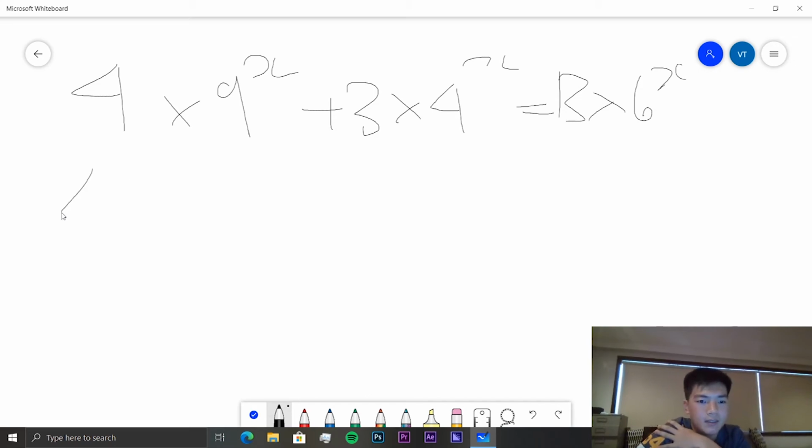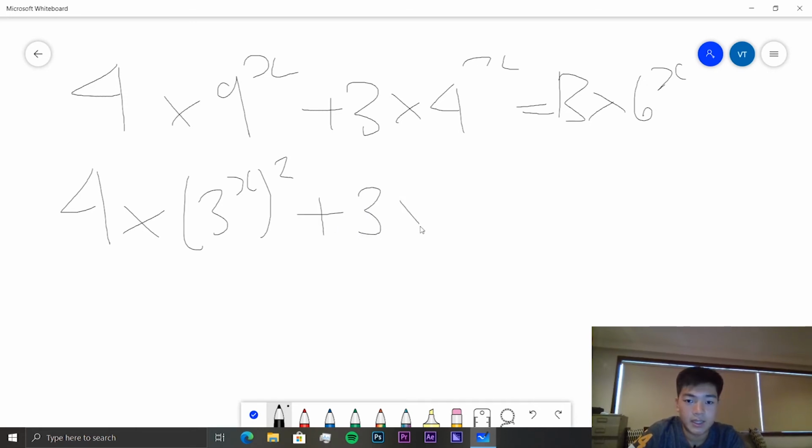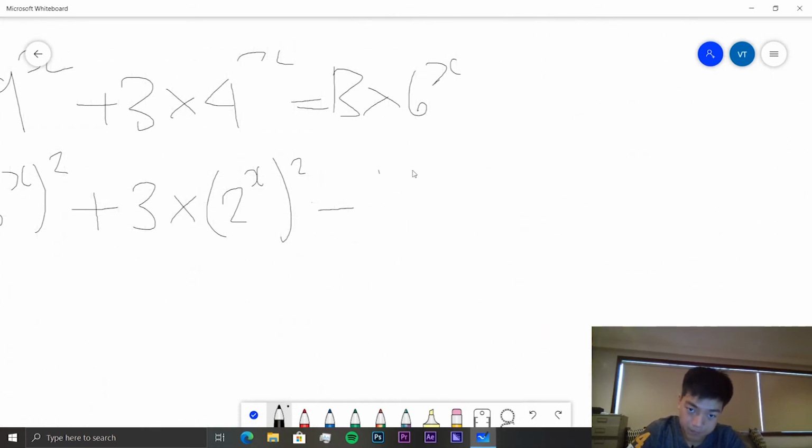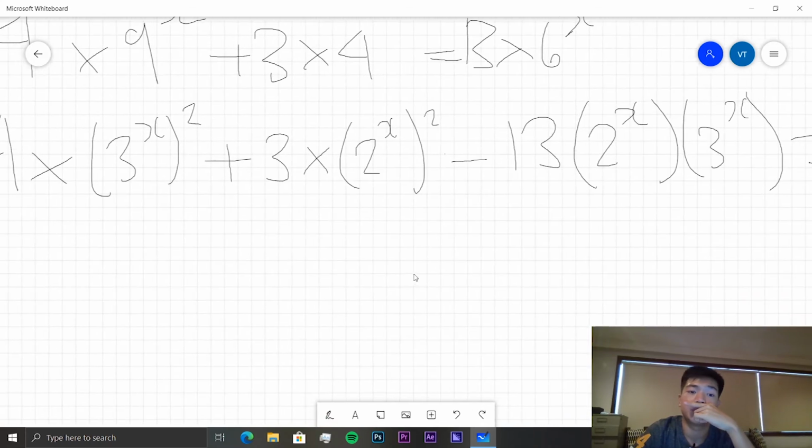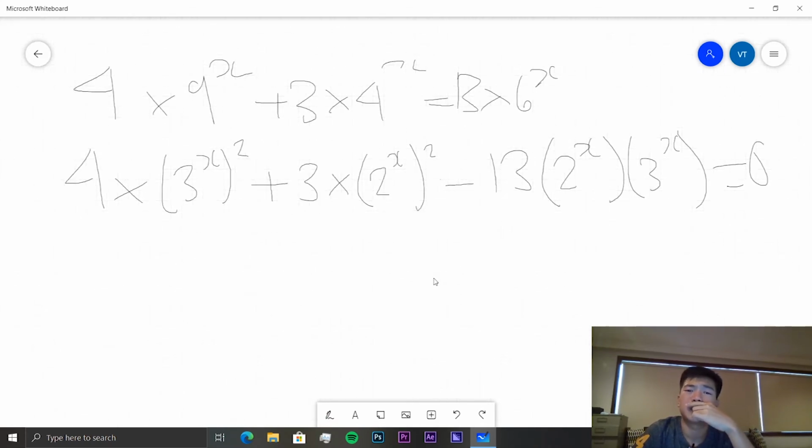I mean, this is 4 times (3 to the x) squared plus 3 times (2 to the x) squared minus 13 times 2 to the x times 3 to the x, and this is equal to 0. So I believe we can factorize this.